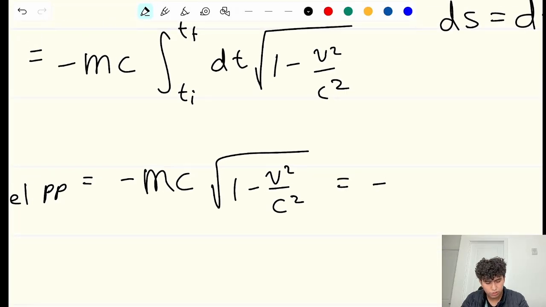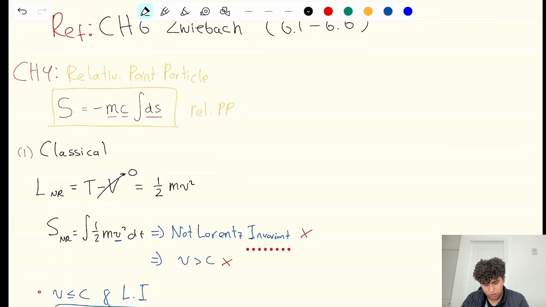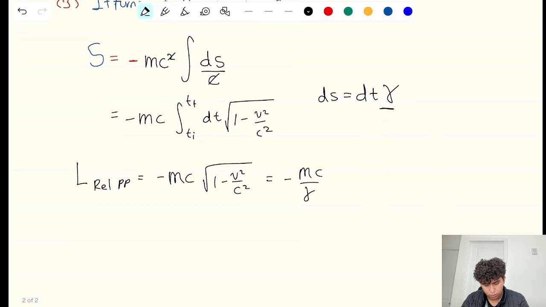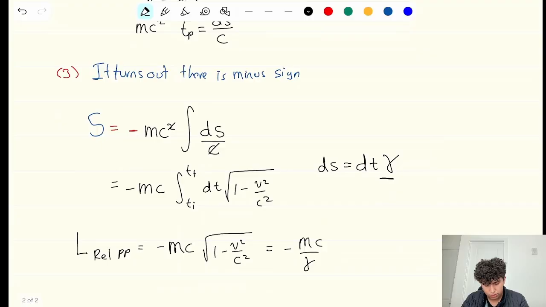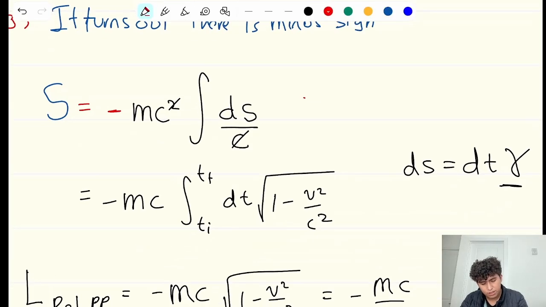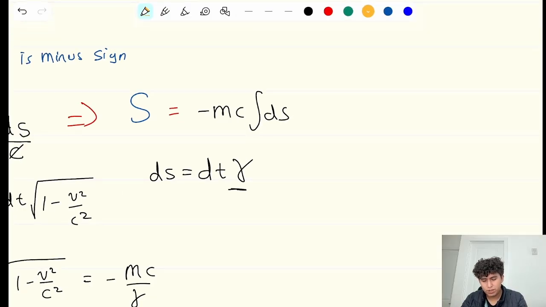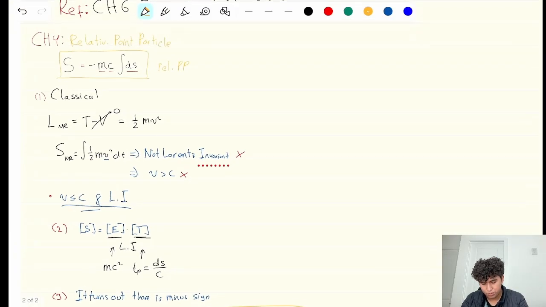Cool. Or this can also be written as minus mc² over gamma. So from here you can see that we found the action is what we expected: mc, and you just integrate over the invariant interval, which is our first formula.